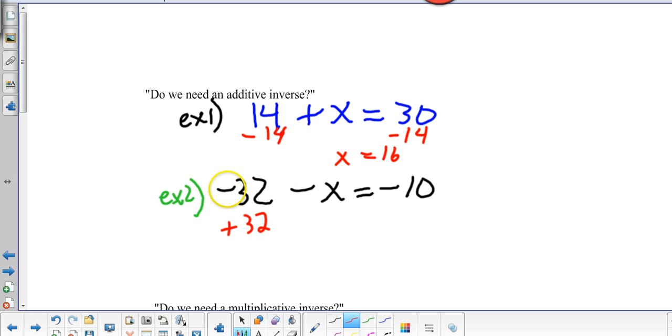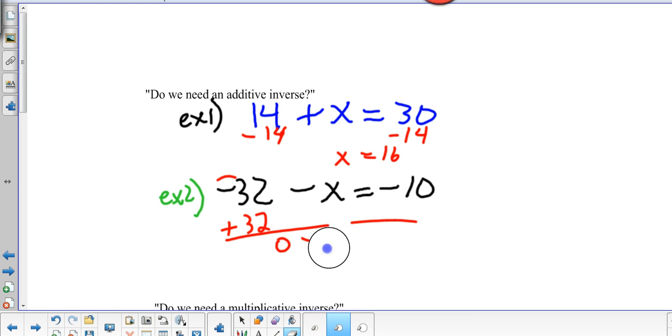It's already negative, right? So I'm going to do plus 32. That gives me 0 minus x, which we know is negative x.